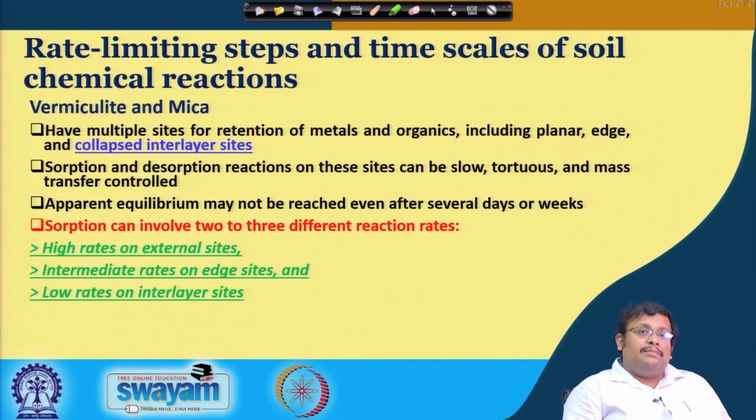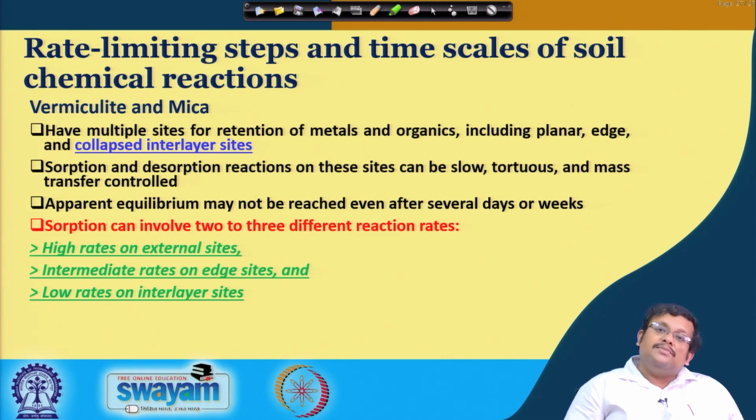Now, vermiculite and mica have multiple sites for retention of metals and organics, including planar, edge and collapsed interlayer sites. However, sorption and desorption reactions on these sites can be slow, tortuous and mass transfer controlled. In vermiculite and mica, the interlayer space is almost collapsed because of the presence of a very small cation, that is potassium.